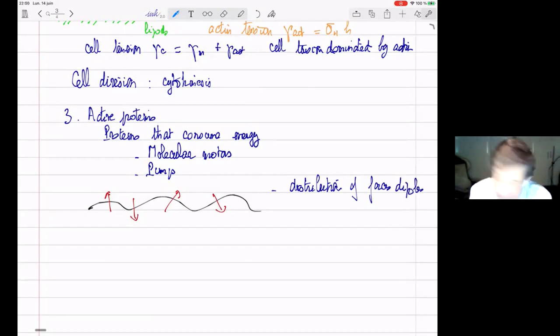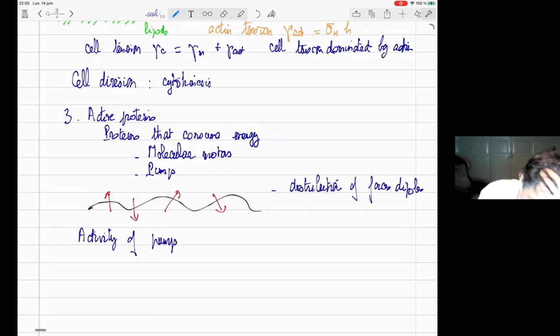Which means that in addition to the thermal fluctuation, the membrane has kicks from these force dipoles, and these force dipoles increase the fluctuation of the membrane. So the activity of pumps increases membrane fluctuations.